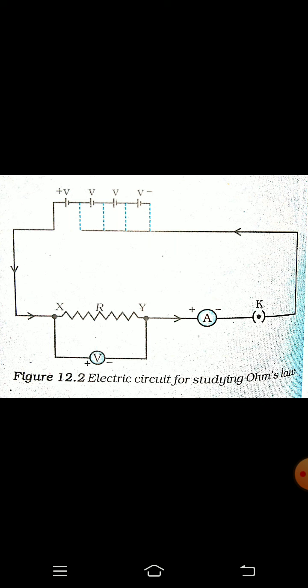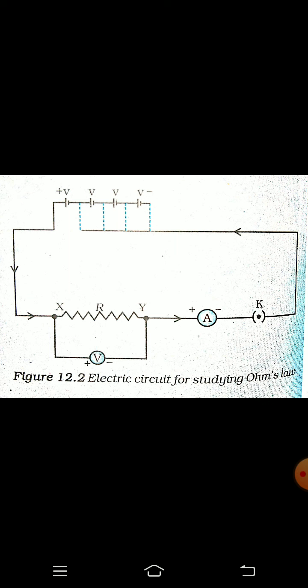We have to set up a circuit as shown in the figure. It is displayed on the screen. This way we have to make the circuit. For that we need a nichrome wire of length XY. In the figure you can see there are 2 points shown as X and Y. That is the nichrome wire.